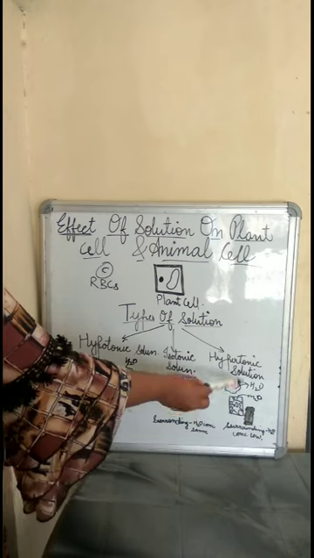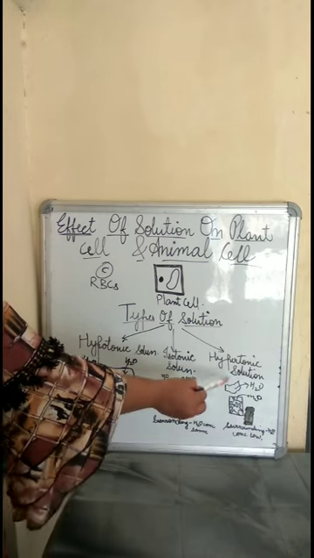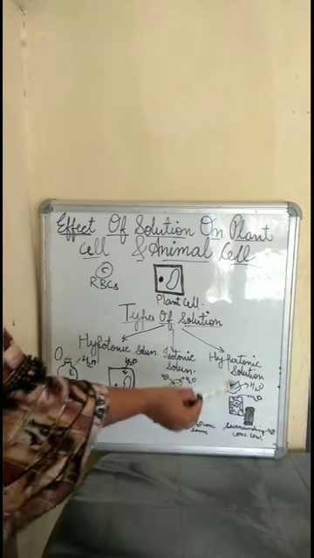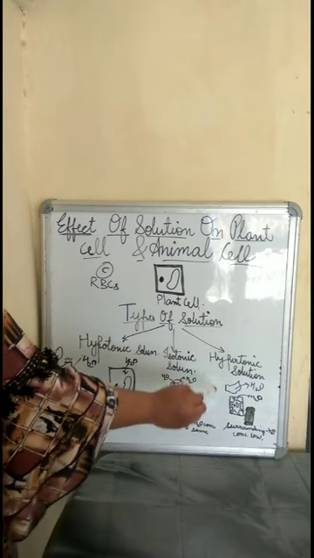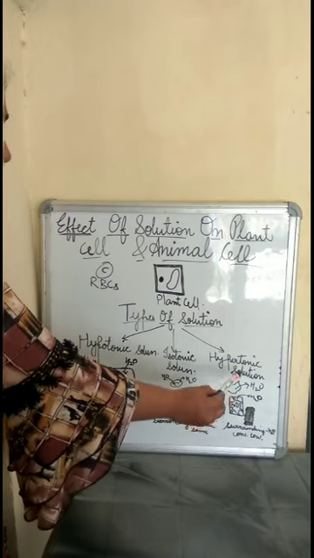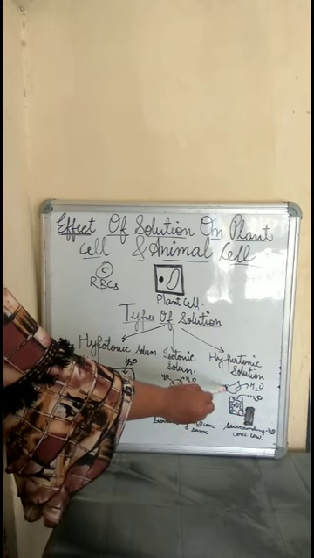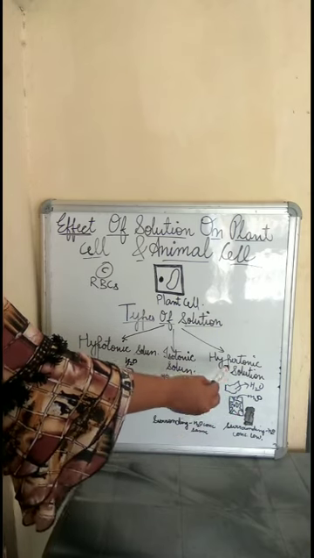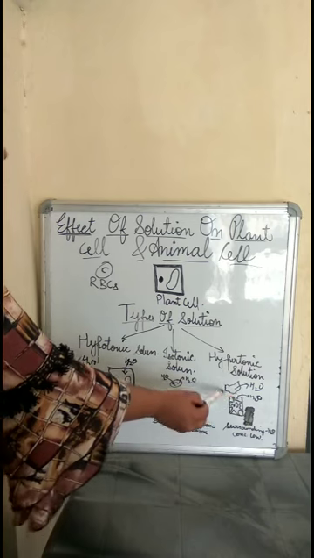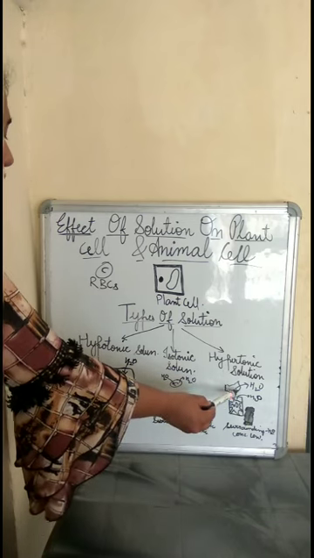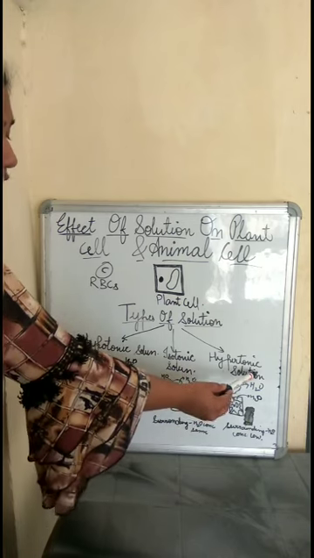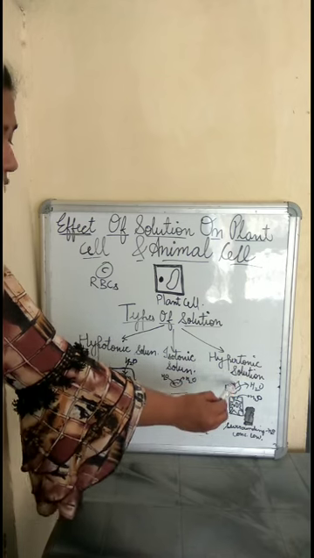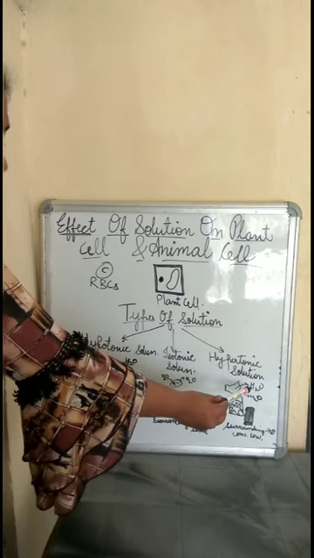Same was the case when I told you about osmosis in that potato slice. The water moved outside. Why? Because the water was more inside the potato slice. Here also in the red blood cell, water is more inside, and outside in the hypertonic solution, the water is less. So water moves outside the cell.